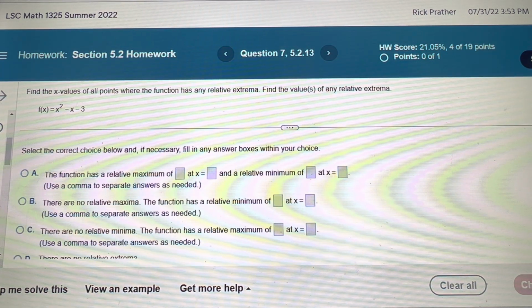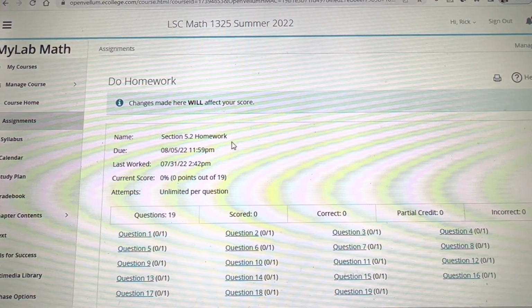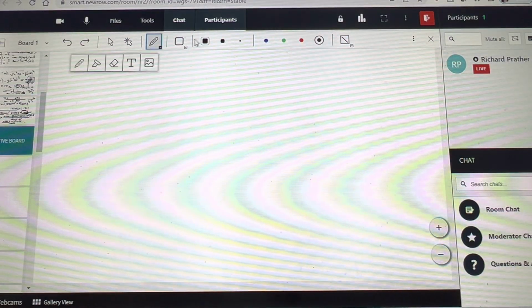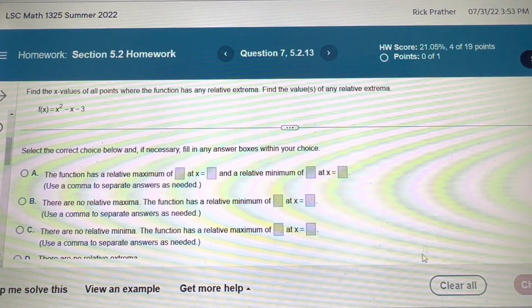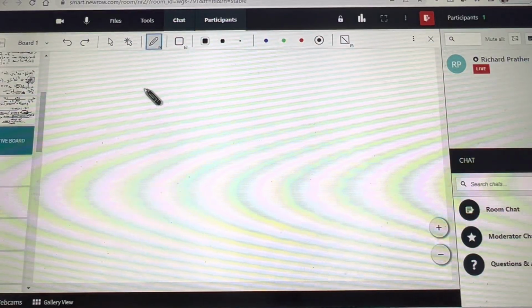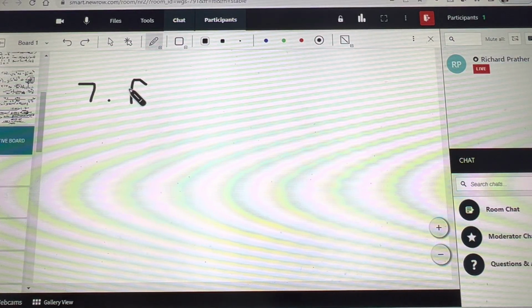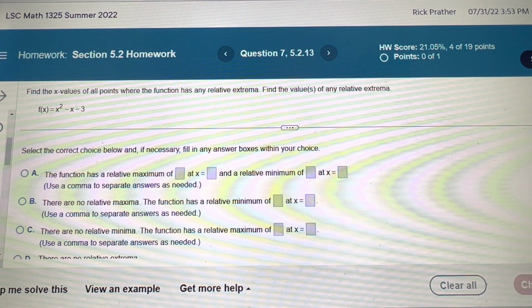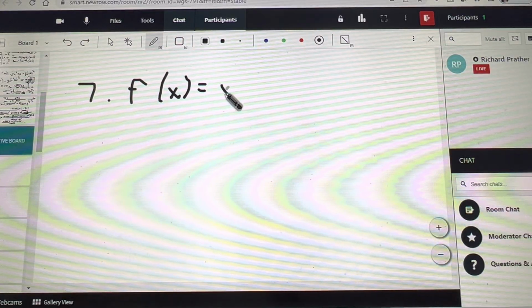Okay, so now here's where we get the actual equations to work with. This is number 7. I have my original function, x squared minus x minus 3.